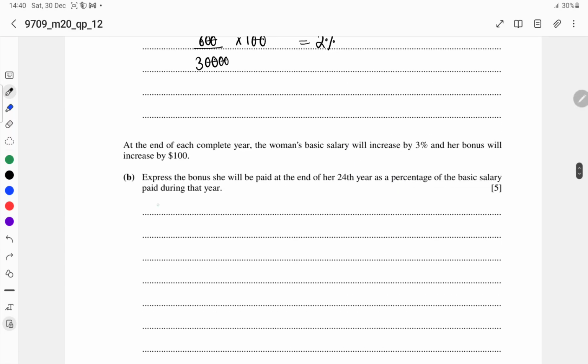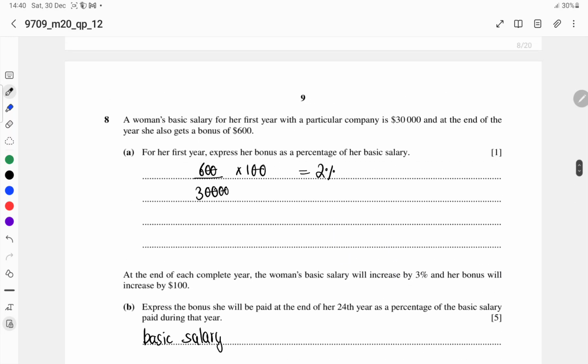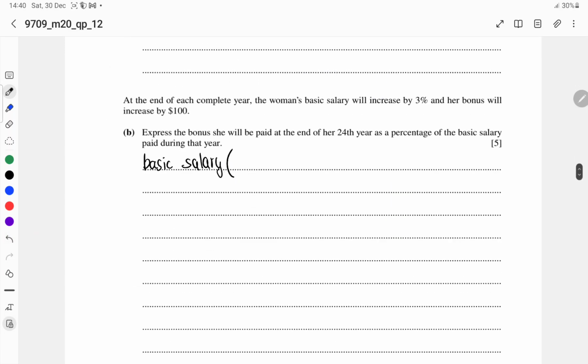So first of all, let's find the basic salary. Let's say this was just the first term, and then it's going to be the 24th term, right? So we need to find the 24th term. We know the formula for the nth term is a plus n minus 1 times d.